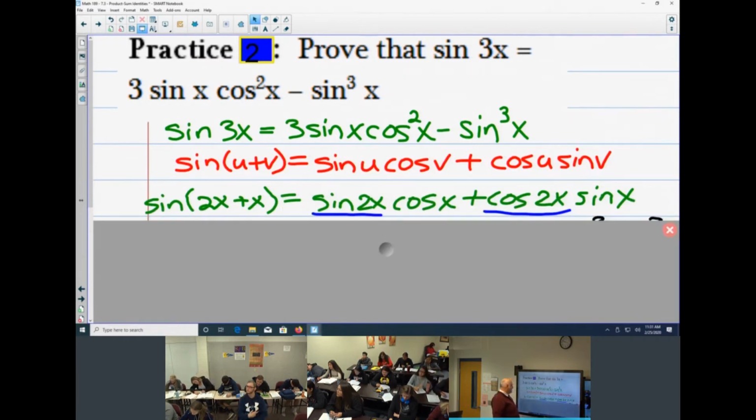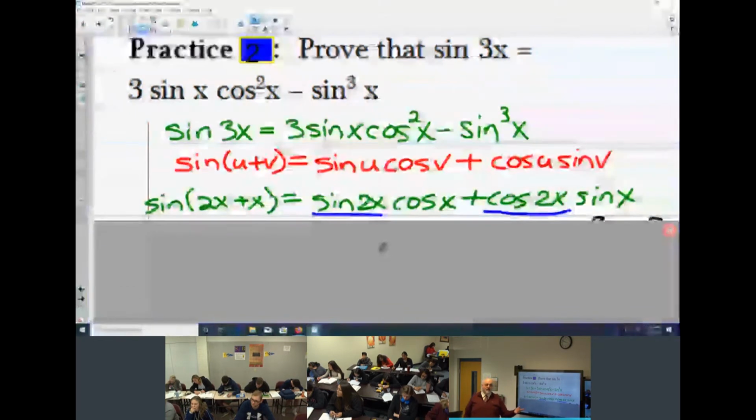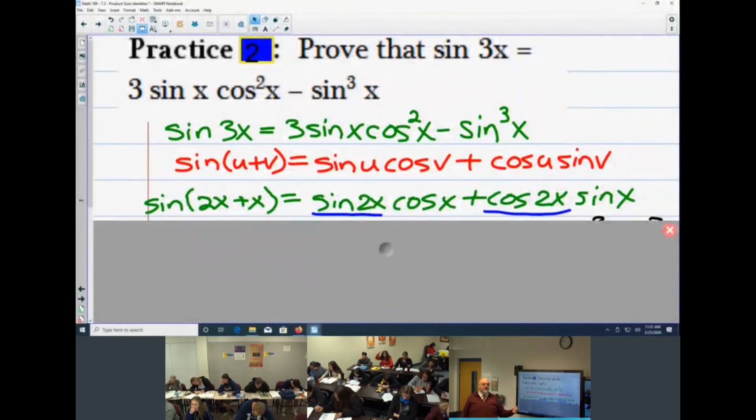All right, now, so then I break down sine 2x as what? What does sine 2x equal to? What's the formula for that? Two sine cosine. So 2 sine x, cosine x.